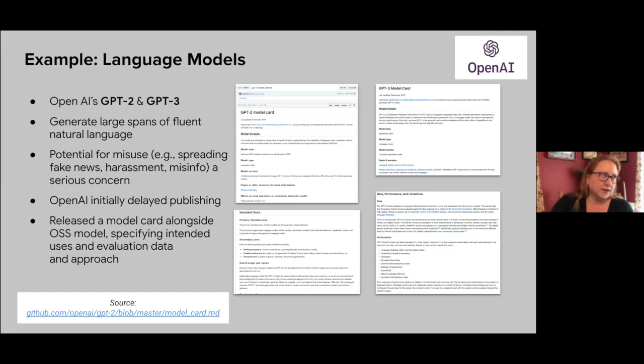Recently there have been particular concerns around language models. OpenAI released a couple of language models that were massively powerful, generating large spans of fluent natural language. Gary talked about this in the opening. And we consulted with them. They ended up doing this model card framework that we had been developing. But where we got stuck was, well, we know there are issues, but what are those issues, right? We want to talk about potentials for misuse, but what is the source where we find those things?